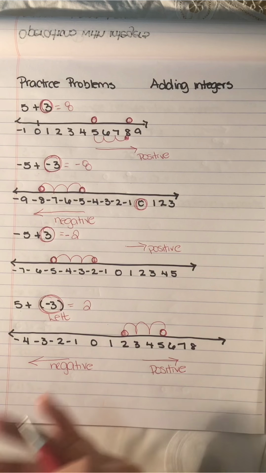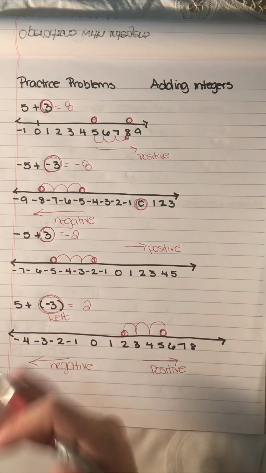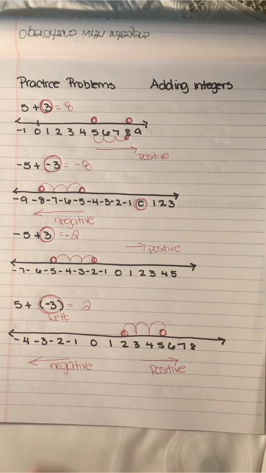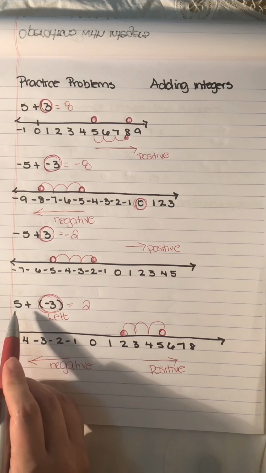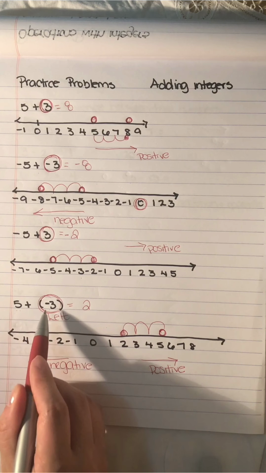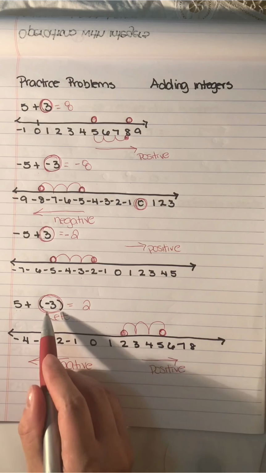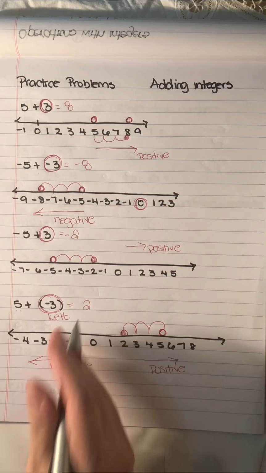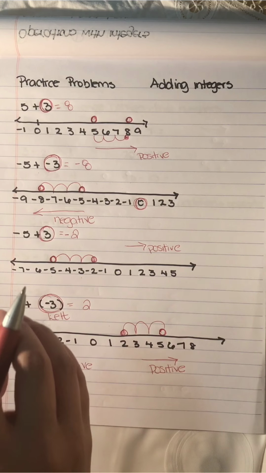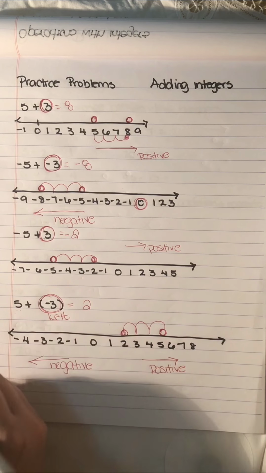It might be a little confusing at first, but we're going to keep practicing until it becomes second nature. It's going to become very easy for you guys. And here, again, we're dealing with a positive 5 and a negative 3. So we know that we're going to the left because it's a negative sign. And anytime you have a negative sign, you go to the left.